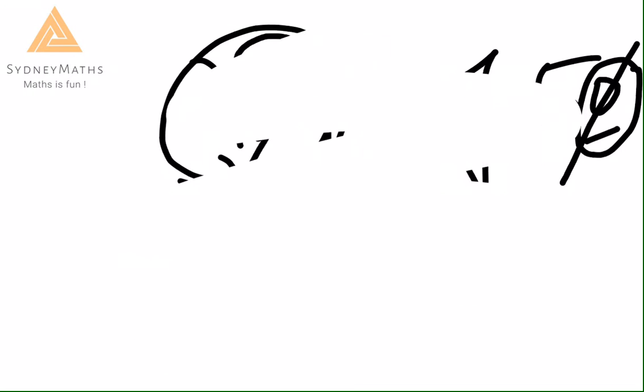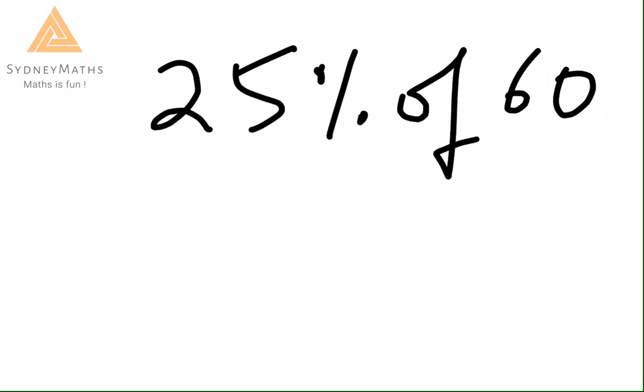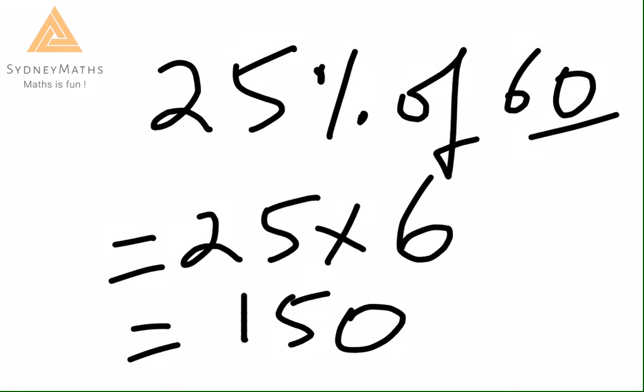Let's look at another example to confirm our understanding. What is 25% of 60? So you ignore the 0 and multiply the numbers. 25 multiplied by 6 is 150.